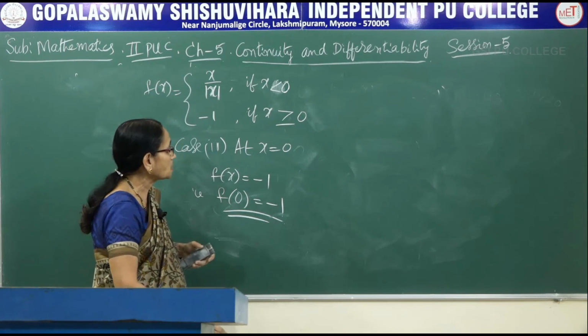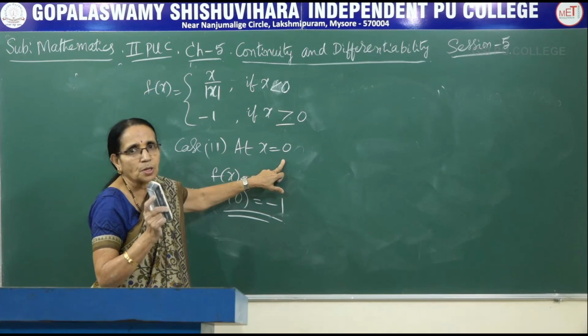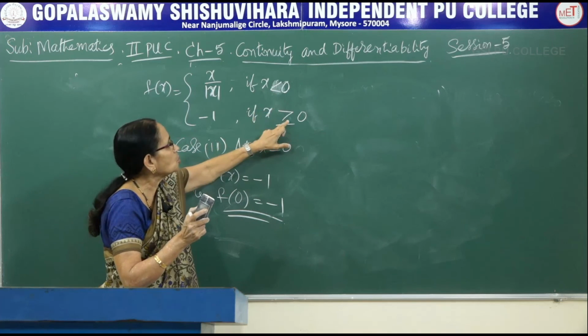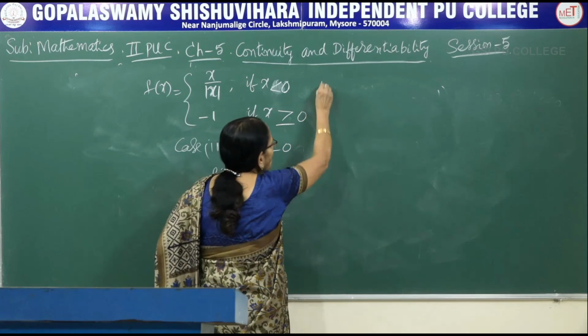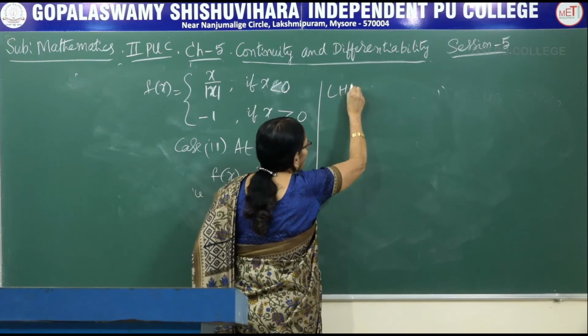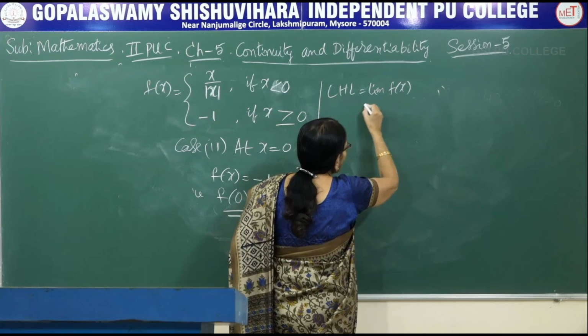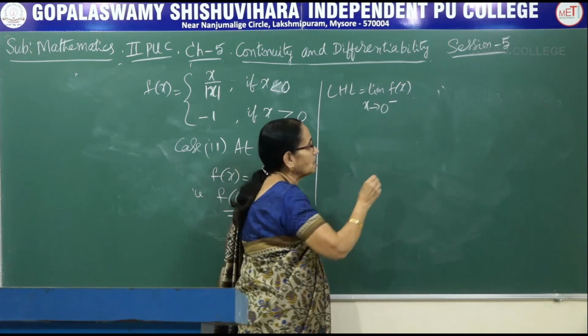Now look here. This number 0 can be approached in two different ways: through the values less than 0, and through the values greater than 0. Automatically, the question of left hand limit and right hand limit comes into the picture. That is, limit f of x as x tends to 0 minus. How is it defined?